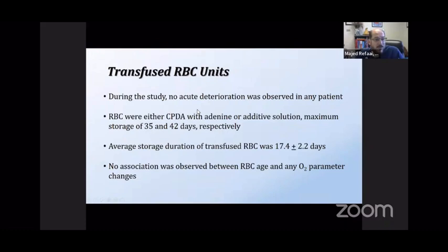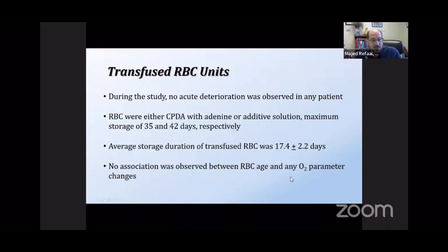So during the study, no acute deterioration was observed in any patients, and if so, we eliminated that data. We did not include that patient just because we want to have as clean data as possible. Red blood cells were stored in either CPD or additive solution, and were 35 or 42 days old. However, the average age of transfused cells was similar to the national average, about 17 plus or minus 2 days.